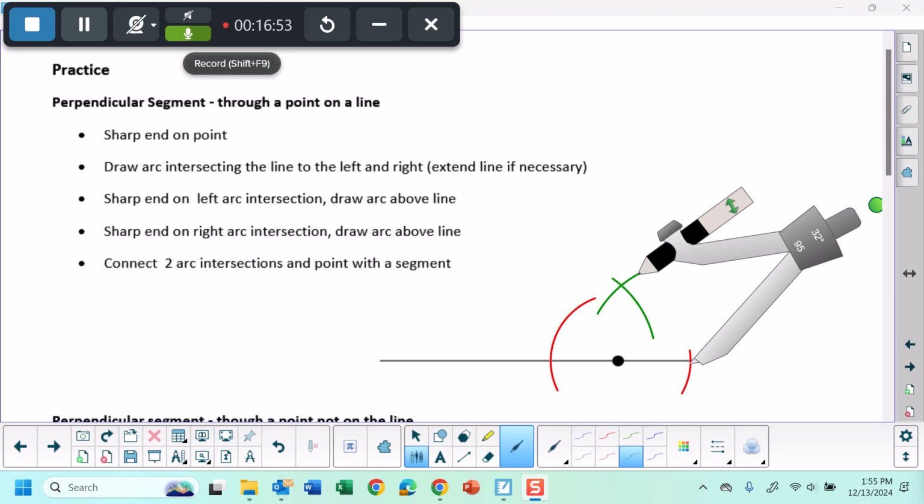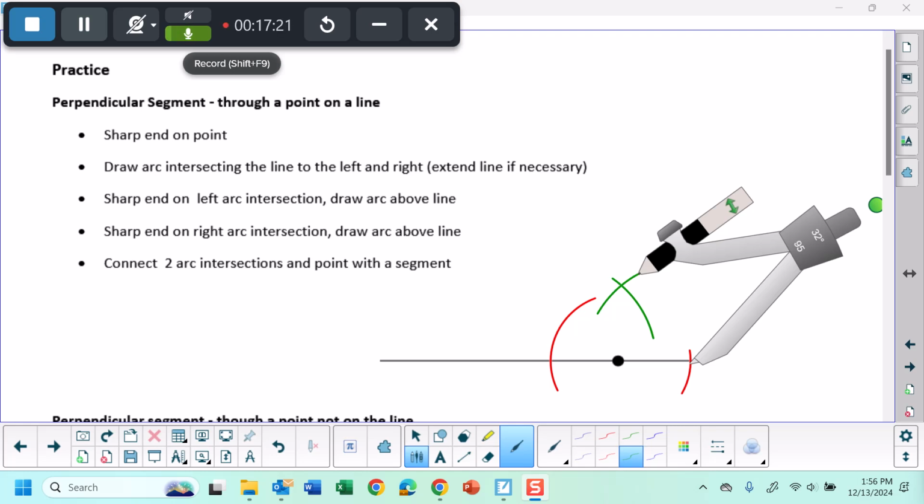So just like I can't find the middle or the perpendicular bisector of a line, I can't find the perpendicular bisector unless the point that I care about is on the perpendicular bisector. So before, when we had the point floating up in the air, I made that on the perpendicular bisector to give me a segment to bisect.